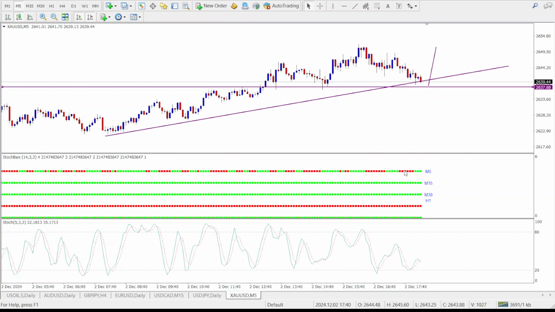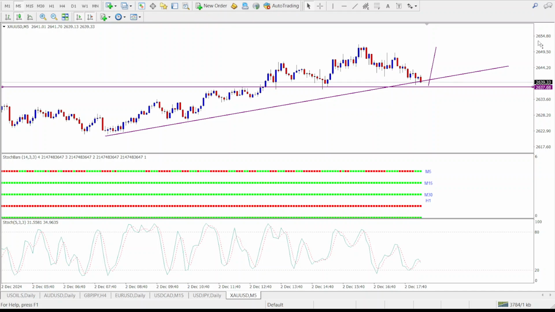And whenever you have the red bars forming or the red dots, it could be a good time to sell. But it is good that you confirm those signals using other indicators such as the traditional stochastic oscillator or any other indicator of your choice. And also, very importantly, make sure you confirm the signals using horizontal support and resistance zones alongside trend lines.